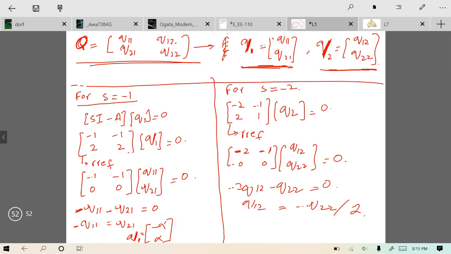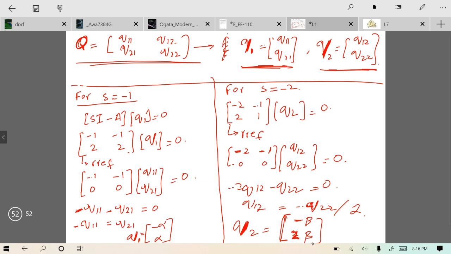So if I say that my q12 is beta, which can be anything you like, then the q2 vector is minus beta and 2 beta.